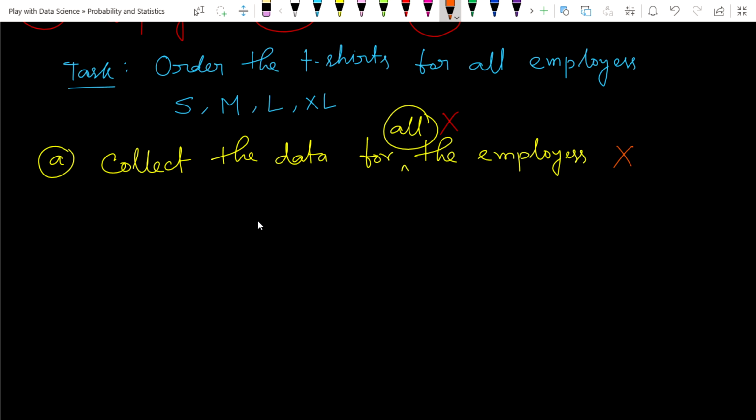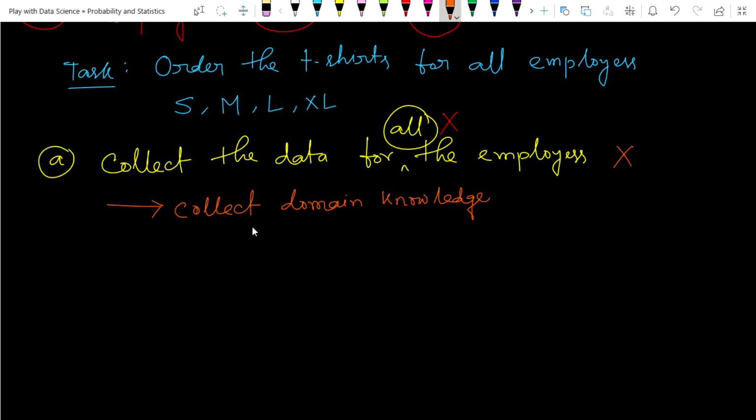So we have to avoid this and collect the domain knowledge for these tasks.